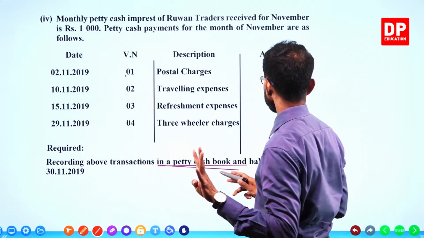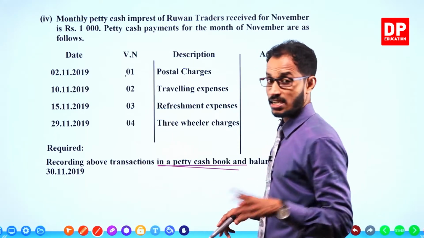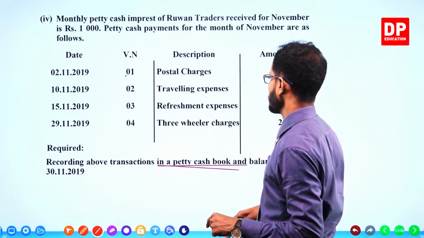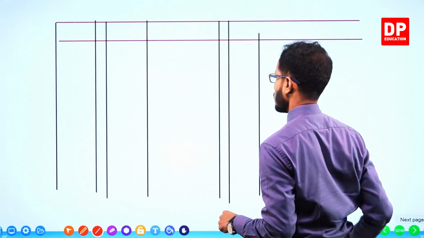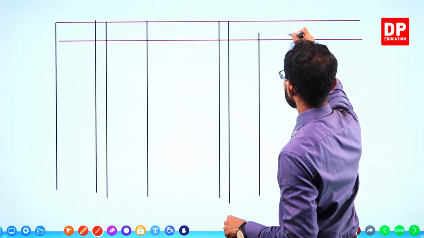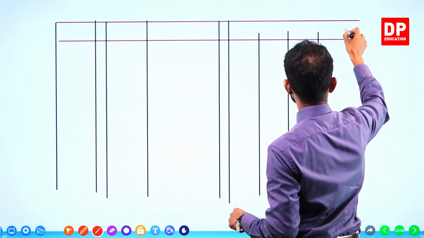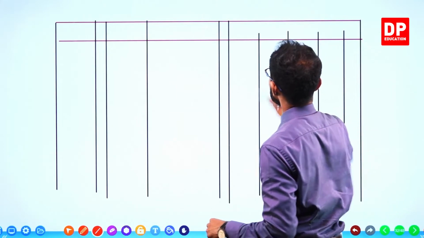Remember, the ledger account column is important. You have to draw it. Postal, traveling, refreshments, and ledger account. Okay. Done.